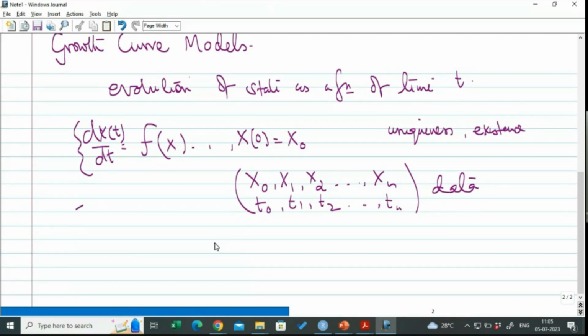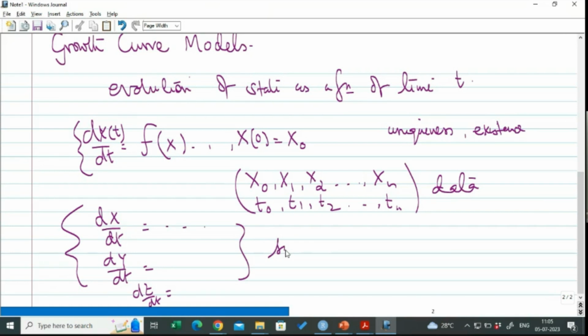So you usually end up with, say, dx/dt something, dy/dt something, and dz/dt something. So you usually end up with a system of differential equations.